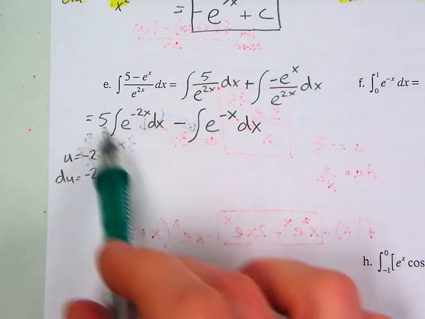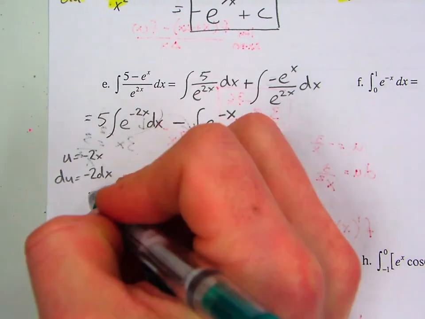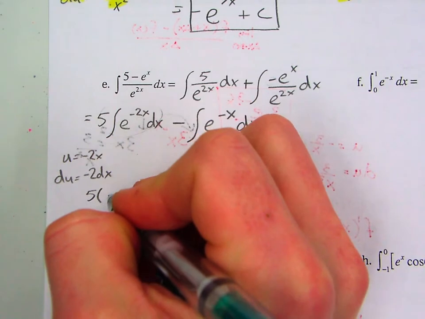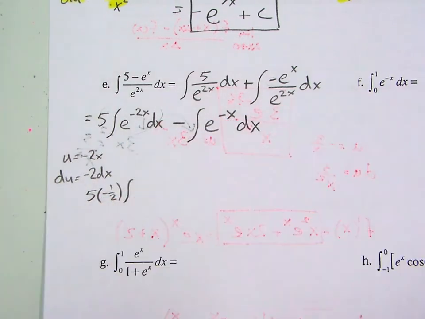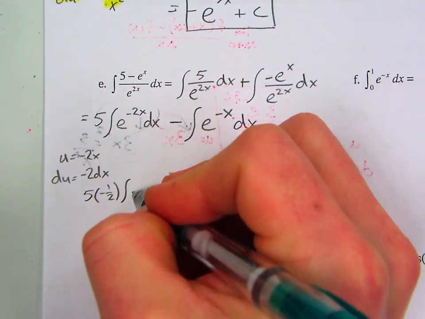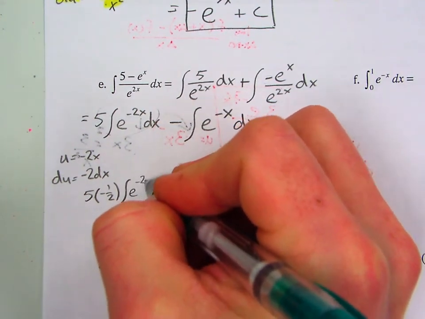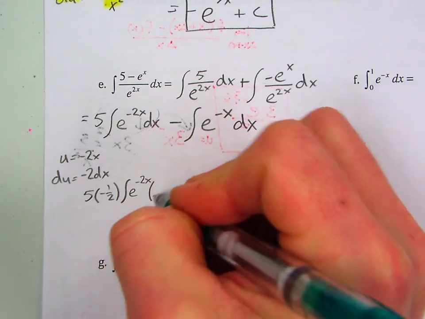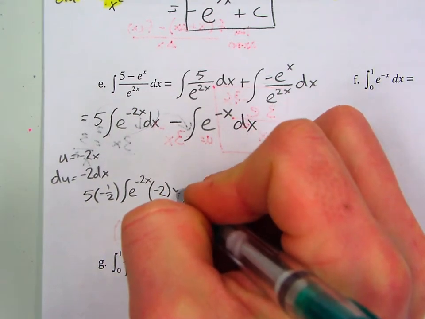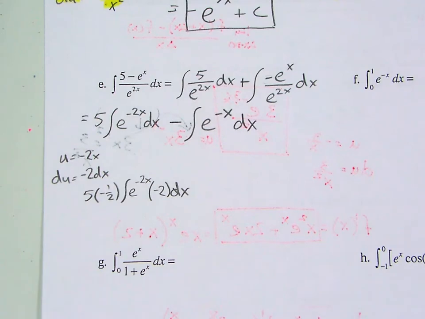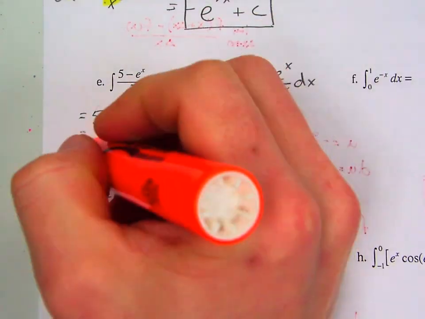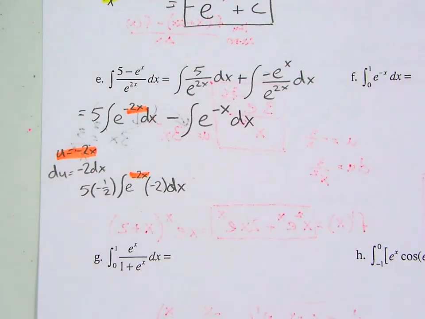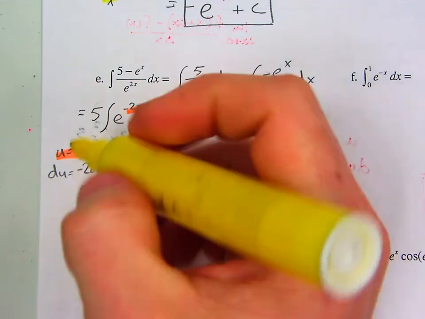And so we can rewrite the left integral here: 5 times negative 1/2 times the integral of e to the negative 2x times negative 2 dx. So you can see our u here, and then you can see our du.